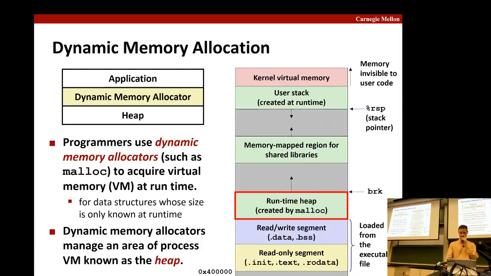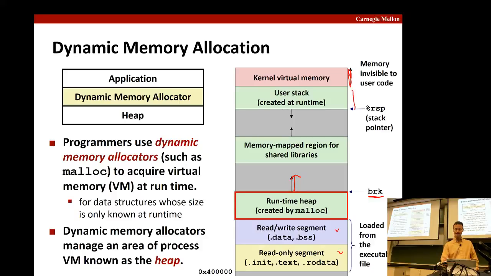If you remember this picture that we've shown many times in this class, in various forms, this is the entire virtual address space. We have the read-only segments and the read-write segments and so forth. And here's the heap. It starts from here and runs up, and it's delimited by the system pointer, the BRK pointer. Right up here is the kernel memory, which is outside the purview of user code.